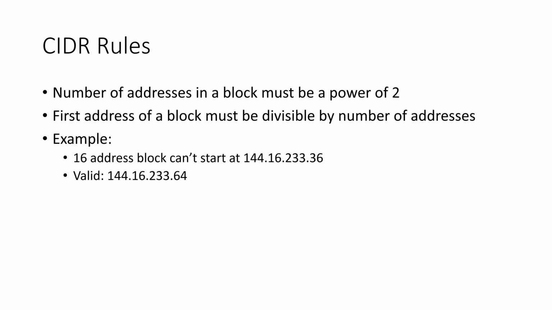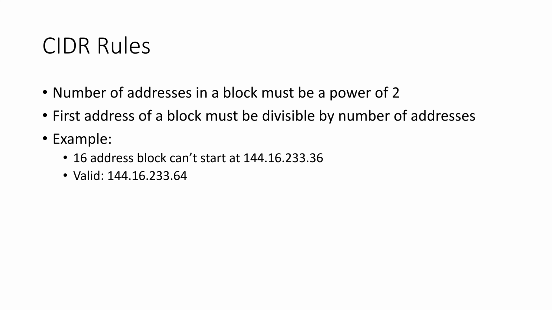So CIDR follows a few simple rules to keep things organized. The number of addresses in any block must be a power of 2, like 4, 8, 16, 32, and so on. The starting address of a block must be divisible by the number of addresses in the block.